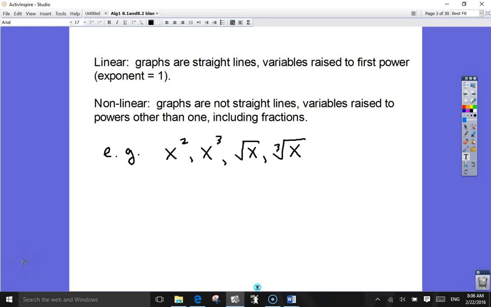We'll see when we get to each one of those in turn, because usually when you get to a new kind of function, you really don't know what it's going to do until you plot some points and just see what kind of shape comes out, all right? It's just the nature of the relationships. If I have y equals x squared, when I plug in x equals 1, I get y equals 1. When I do x equals 2, I get 4. When I do x equals 3, I get 9. Those 3 points aren't going to be connected by a straight line. They're going to have somewhat of a curve to them.